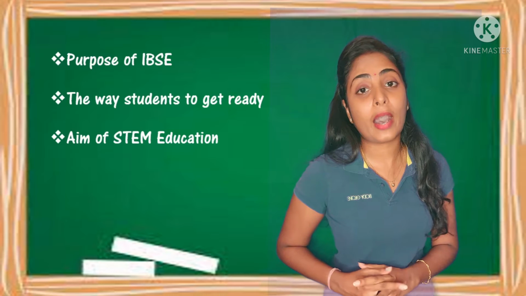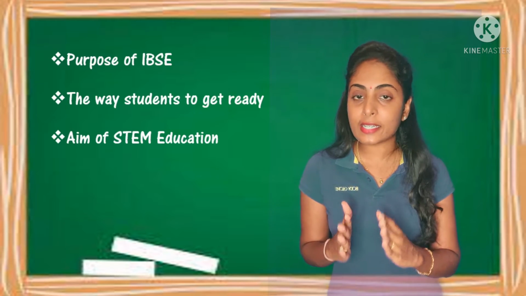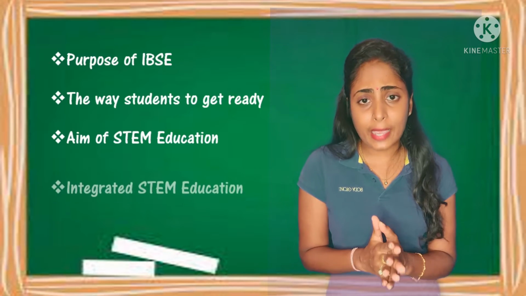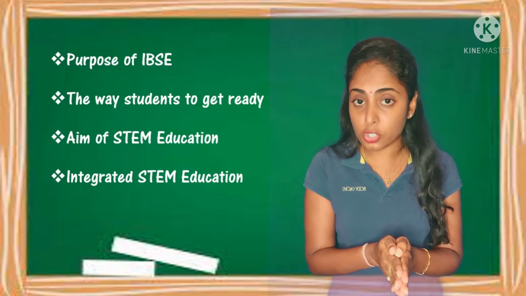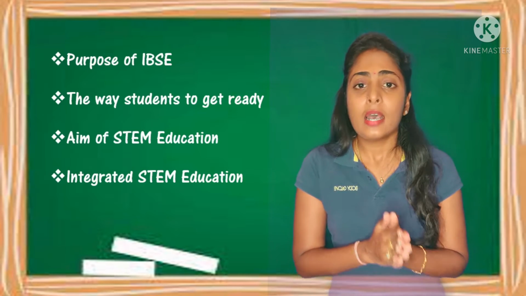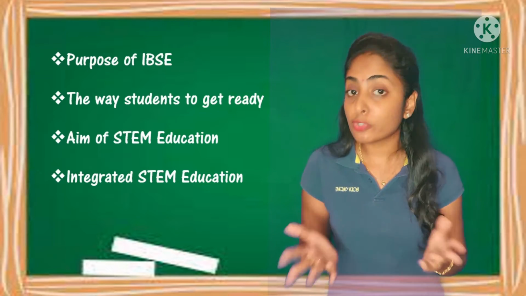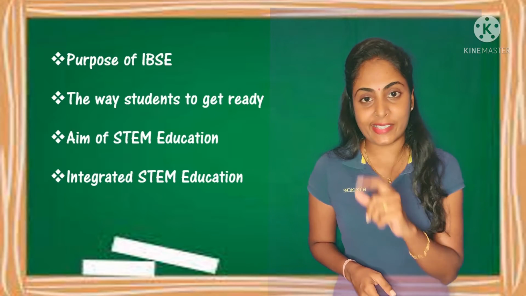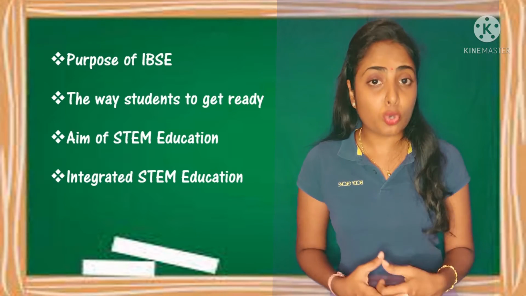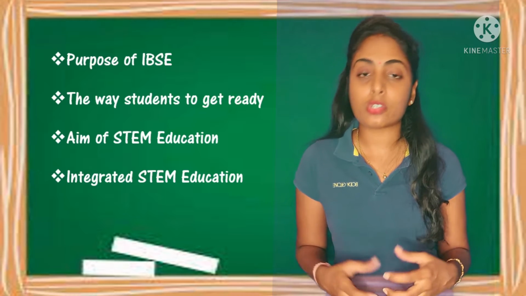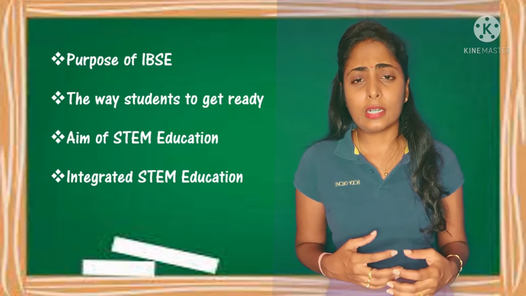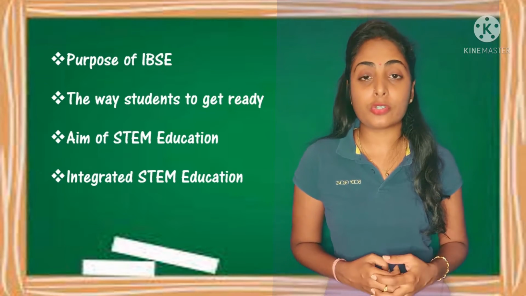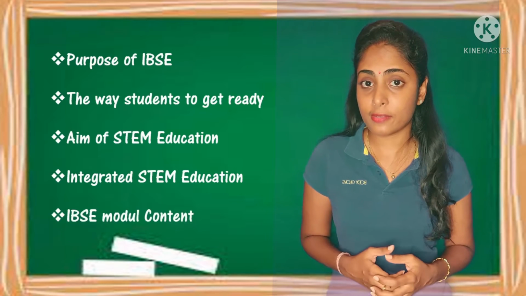He also explained about integrated STEM education: STEM, science, technology, engineering and mathematics. STEM is actually a combination of 2 or more subjects in a single lesson. I also got to know more about the importance of hands-on projects, open exploration and the real-world context.